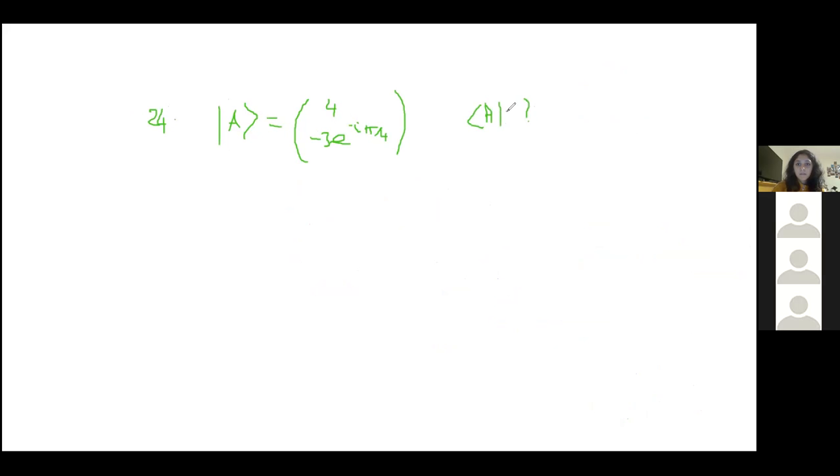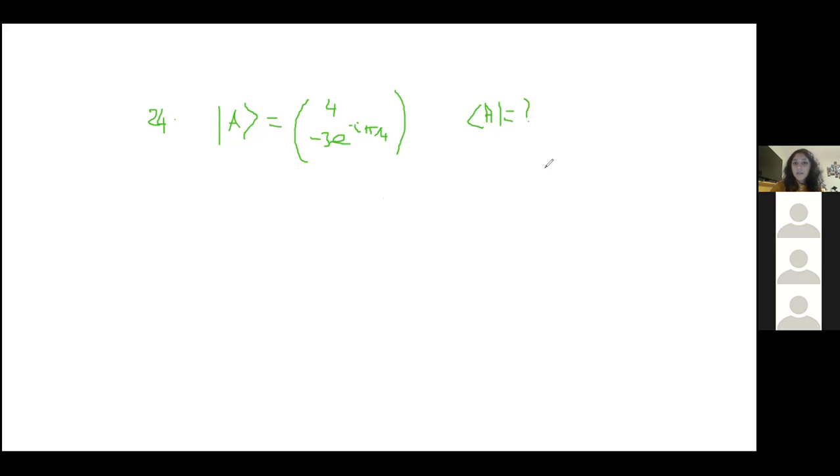If you haven't seen this notation before, it can be a bit confusing, but it's actually really nice. This is known as the bra-ket notation, and it's sometimes also known as the Dirac notation, named after the physicist Paul Dirac. We discussed the kets earlier, which is a column vector.